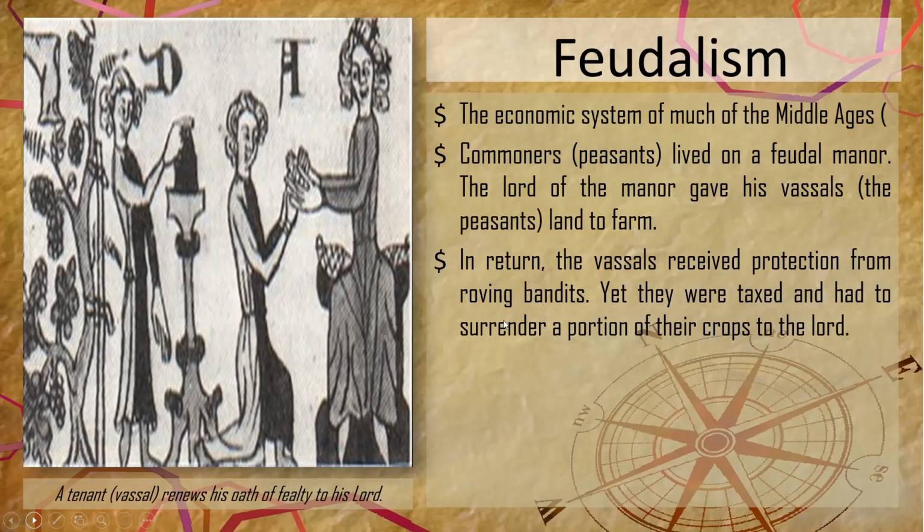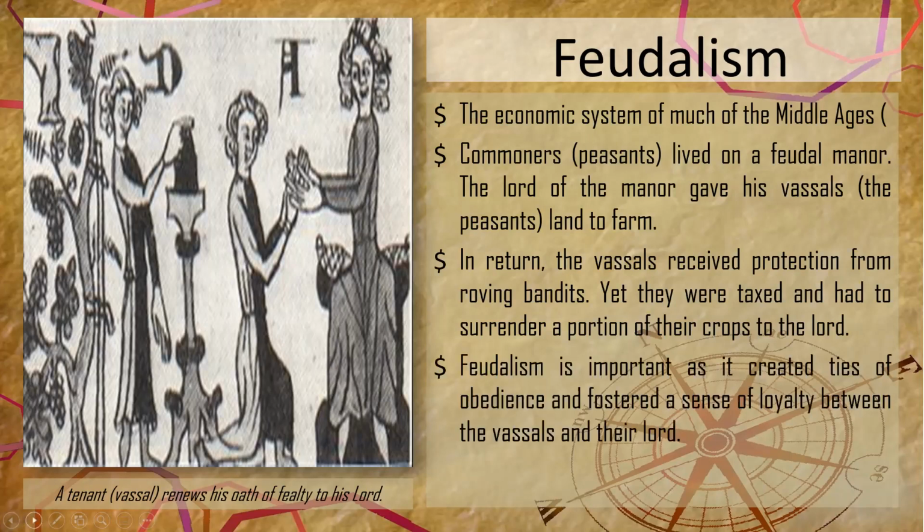Okay? And yet they are taxed and had to surrender a portion of their crops to their lord. Feudalism is important as it created ties of obedience and fostered a sense of loyalty between the two.